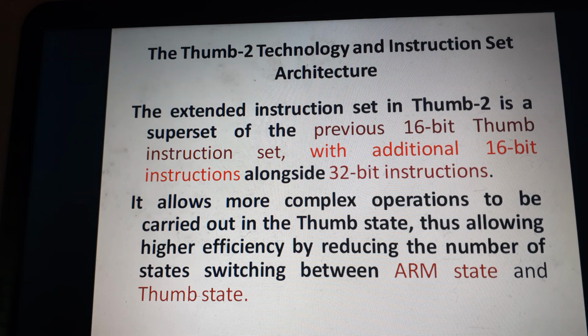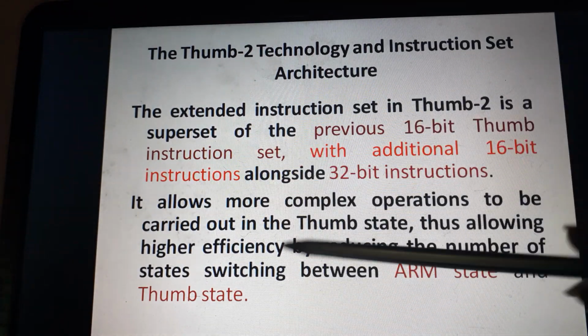These are also 32-bit Thumb instructions.